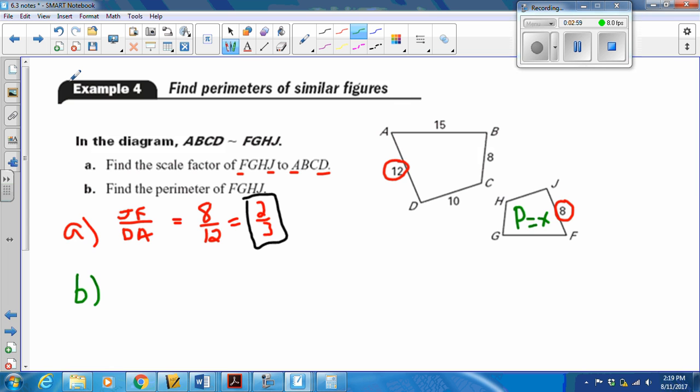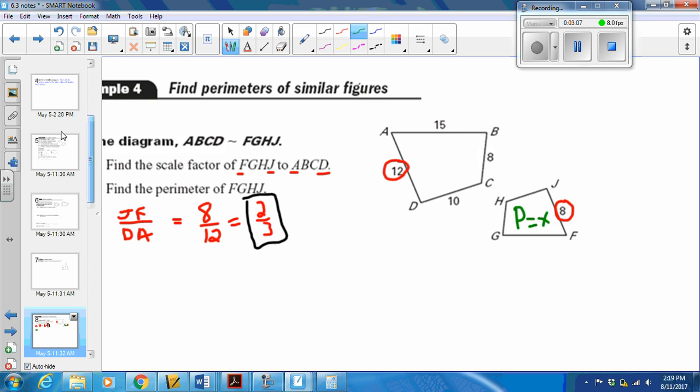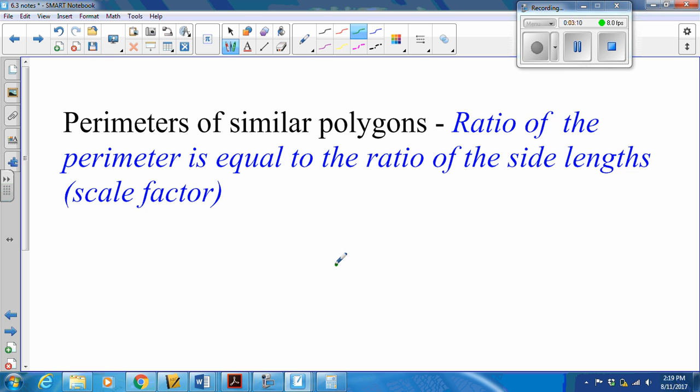Now, we need to figure out, well, how are we going to find the perimeter of FGHJ? Now, if we go back up to our vocabulary, though, that's going to help us. It says perimeters of similar polygons. It says the ratio of the perimeter is equal to the ratio of the side lengths, or in this case, the scale factor.